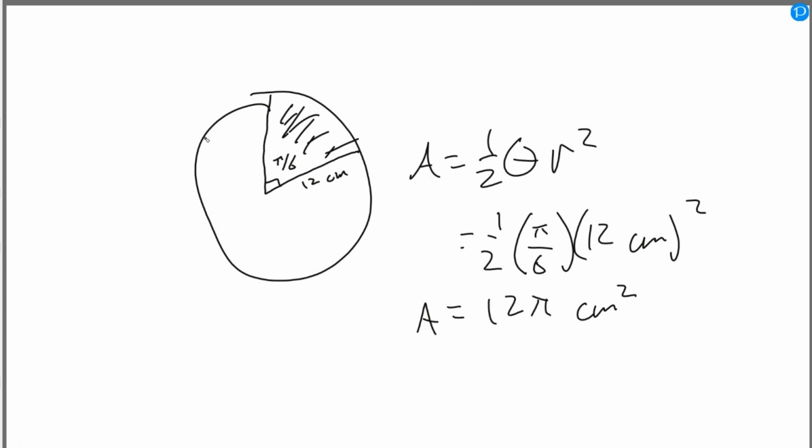But what about for this sector? Let me try a different color. This sector here. Well, you can use a similar principle to what we did before. So let's write the formula out again. Equals half theta times r squared.